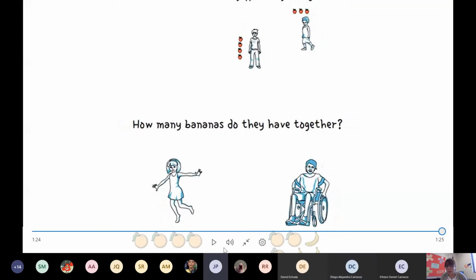Okay, so with that, let's start with our notebook. So yes, we do need the notebook. In big letters, on the first page, you're going to write combining like terms.